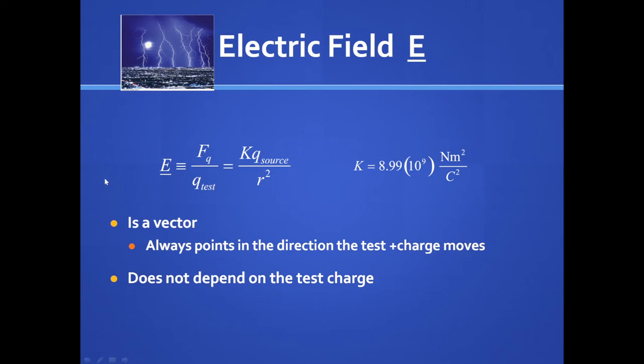Now, currently on screen, I've simplified the formula a little bit. This is just to show the formula for electric field. All objects with charge generate some amount of electric field. And this variable E right here is the strength of an object's electric field.